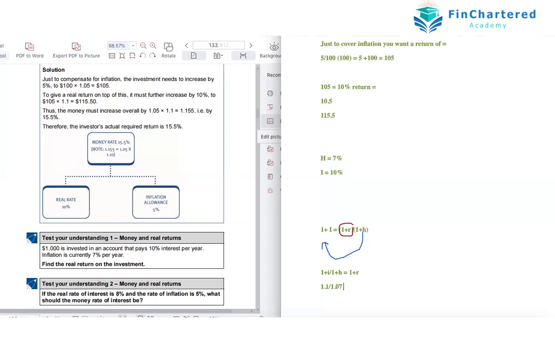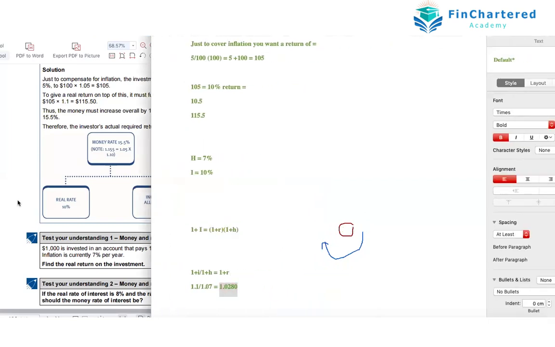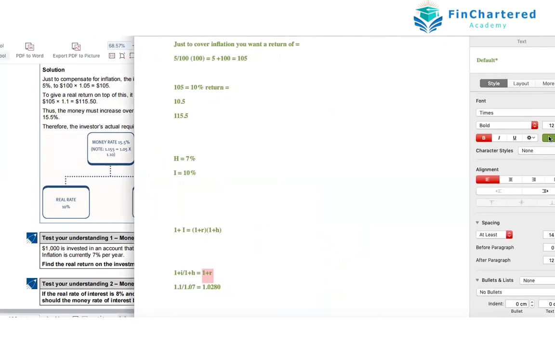Therefore, the formula is 1.1 divided by 1.07, which is 1.0280. And remember, this 1.0280 is 1 plus r.